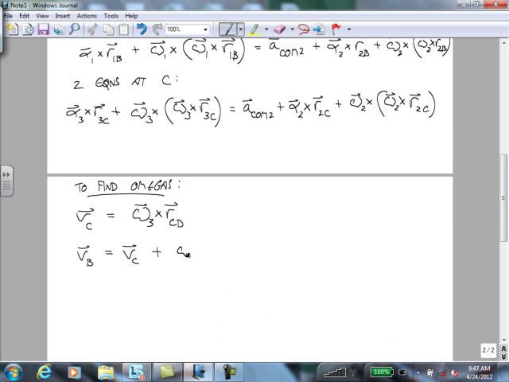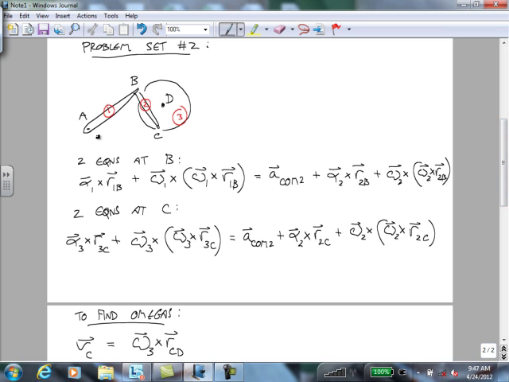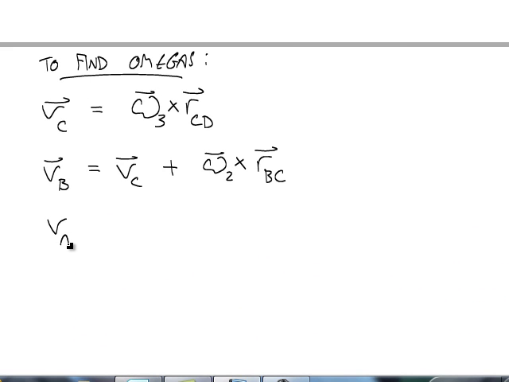Okay. You can't solve this yet because you don't know omega 2 and you don't know VB. But now you can express VA as VB plus omega 1 crossed with the vector 2A from B. And what's the velocity of A? 0.